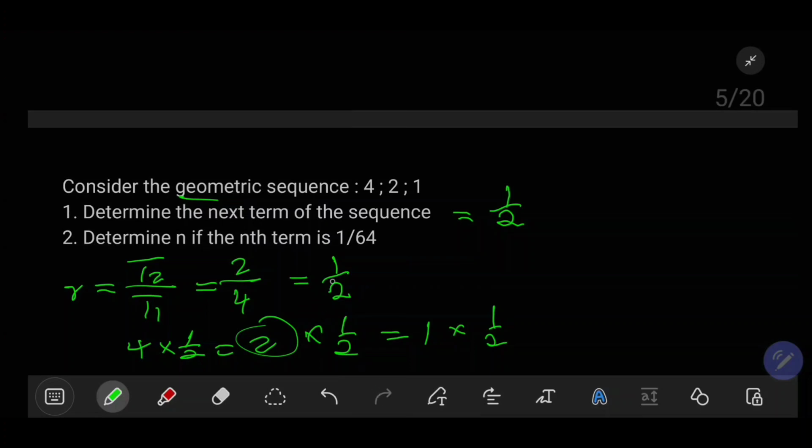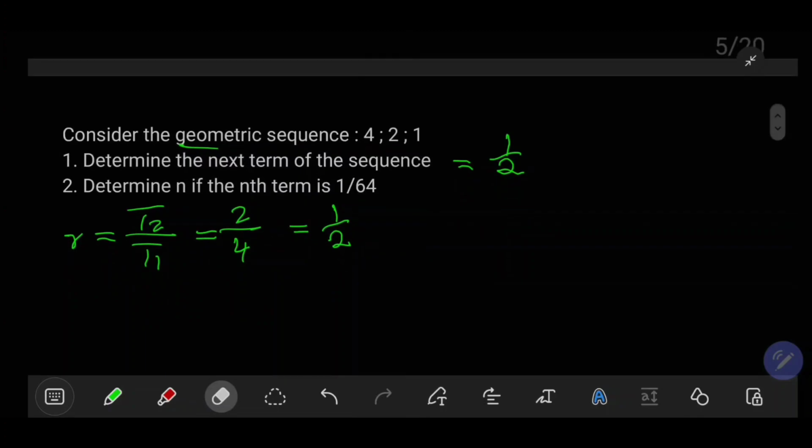So the value of the next term is equal to our r value. Okay, so number 2, determine n if the nth term is equal to 1 over 64. So they want the value of n, but in this case our Tn value is equal to 1 over 64.